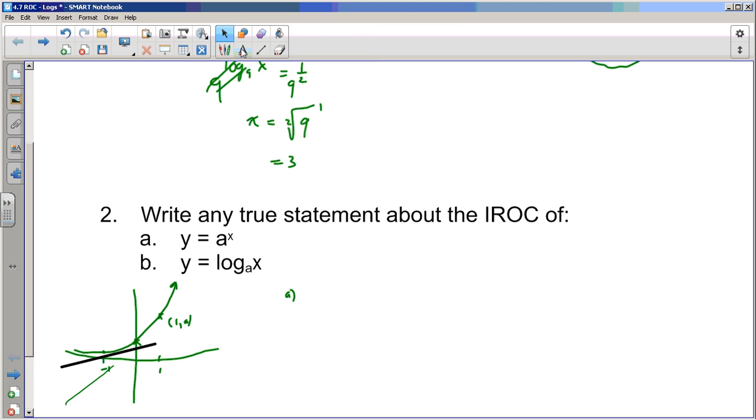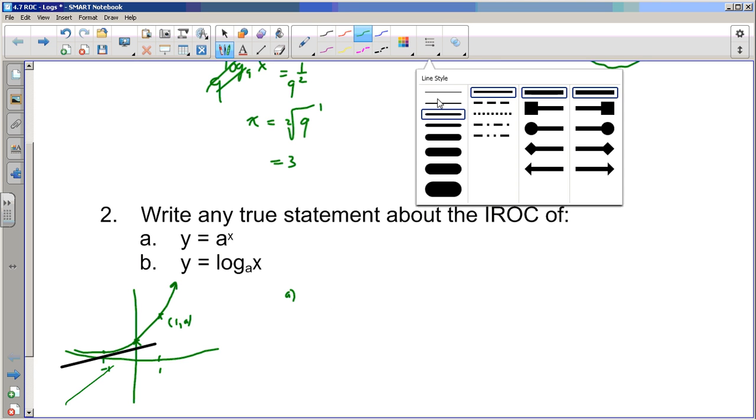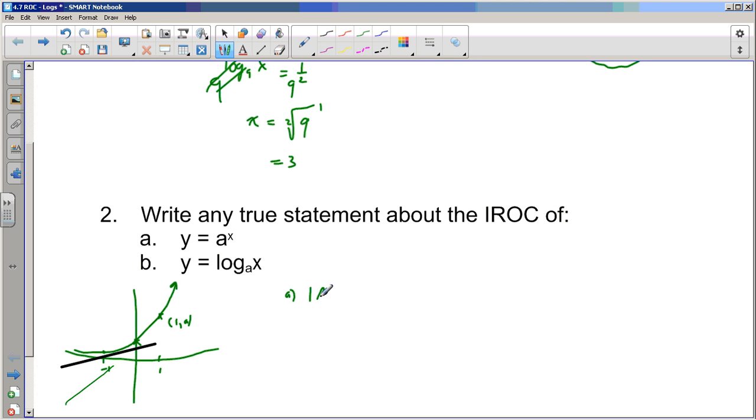So I might be tempted to say the IROC is always positive. Well, is that always true? What happens if it's a decay function? What happens if a is a decay function? Well, then the tangent lines are all negative.